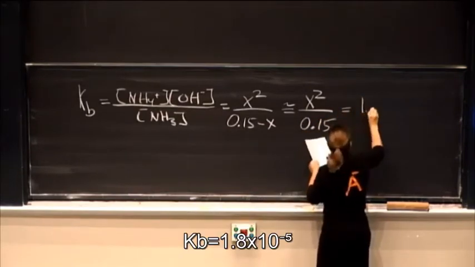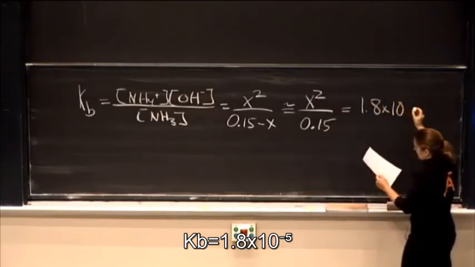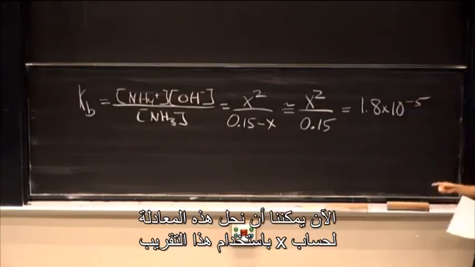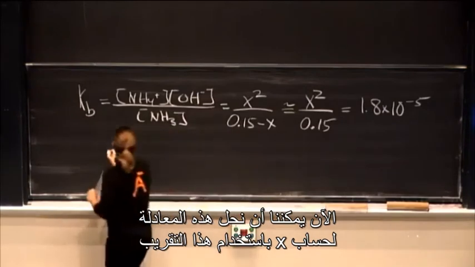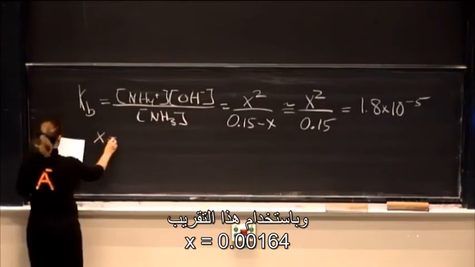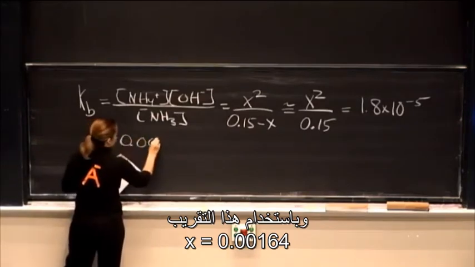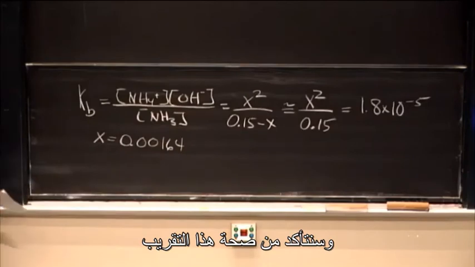The Kb value that was given was 1.8 times 10 to the minus 5. Now we can solve for x using this approximation, and x comes out to be 0.00164.